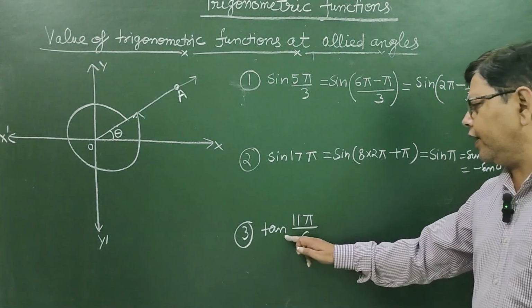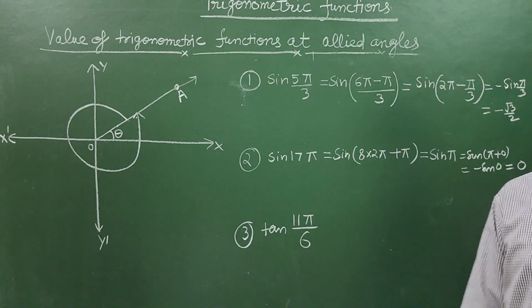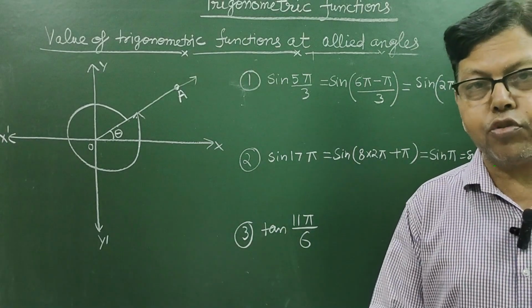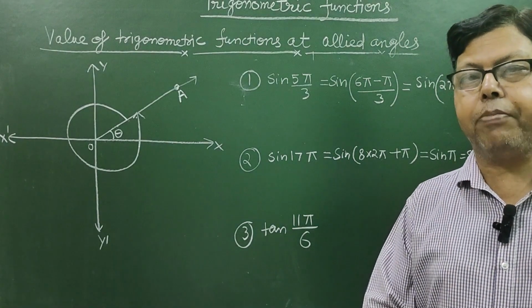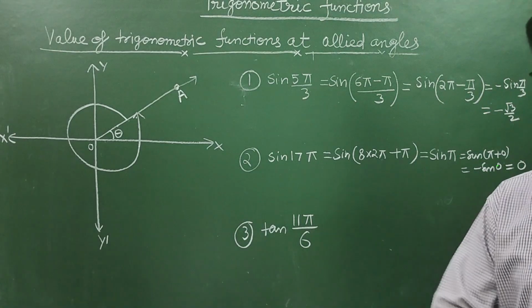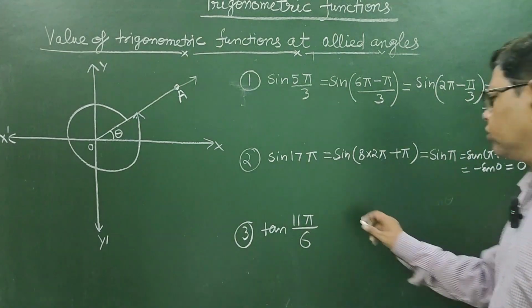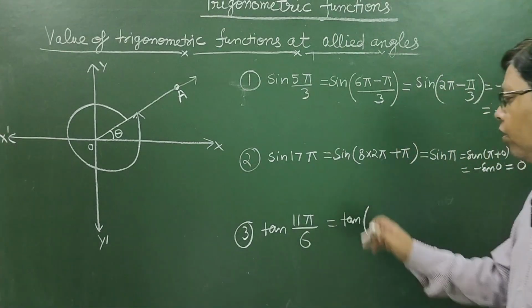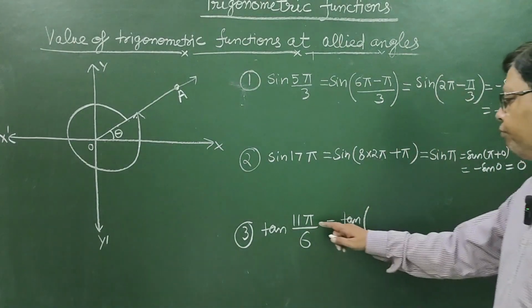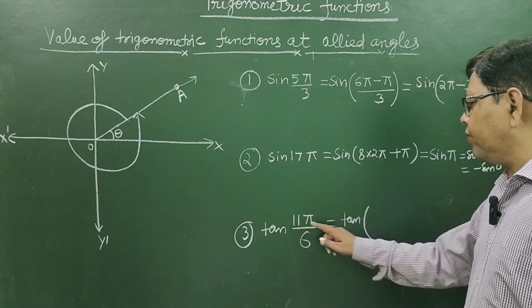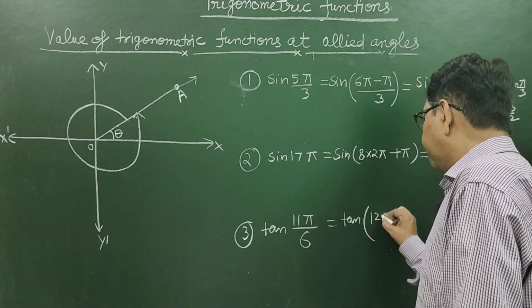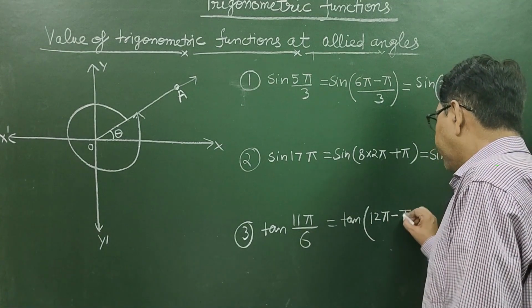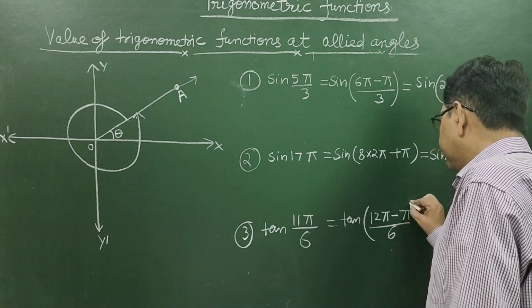Now tan 11 pi upon 6. Here also I want to bring some multiple of 2 pi. So tan, and here the multiple of 2 pi, you can write 11 pi as 12 pi minus pi upon 6.